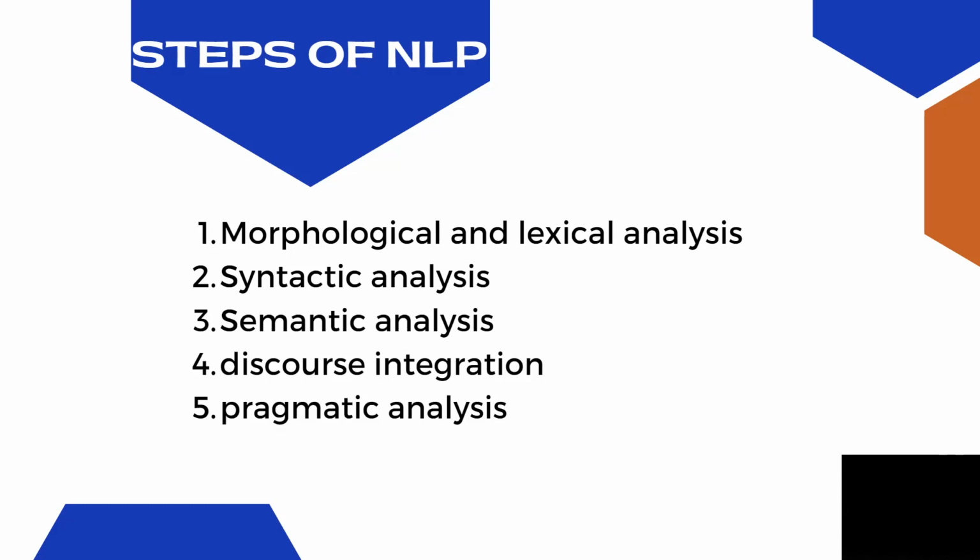Pragmatic analysis, last, is the final phase of NLP. The overall communicative and social content, as well as its impact on interpretation, are the focus of pragmatic analysis. Pragmatic analysis uses a set of rules that describe cooperative dialogues to help you find the intended result.